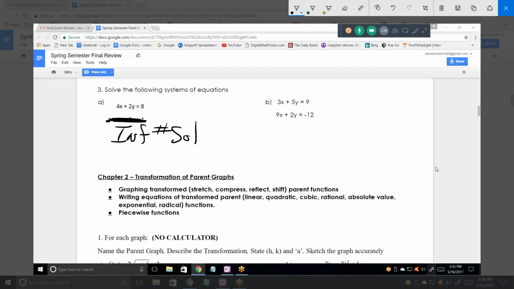Now, let's try B. What system are we going to use on B? Are we going to use substitution or elimination? Elimination. Okay. What am I going to do first? Times the first equation by -3.